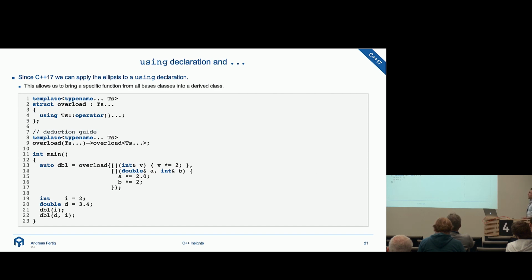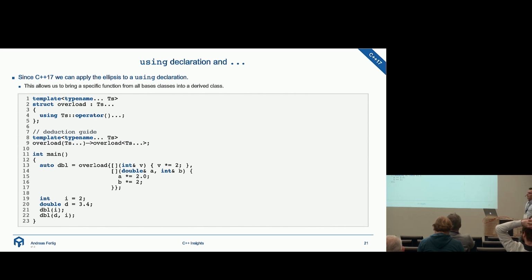In C++17, we got a little extension to variadic templates. We can now apply parameter packs together with using. And what this does is enables us to have in line number 4 this using Ts::operator()... thing.